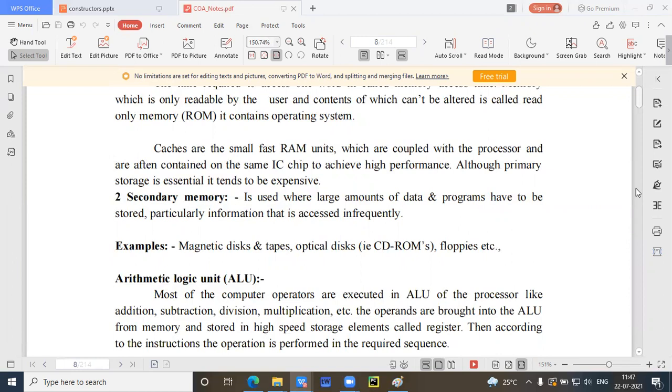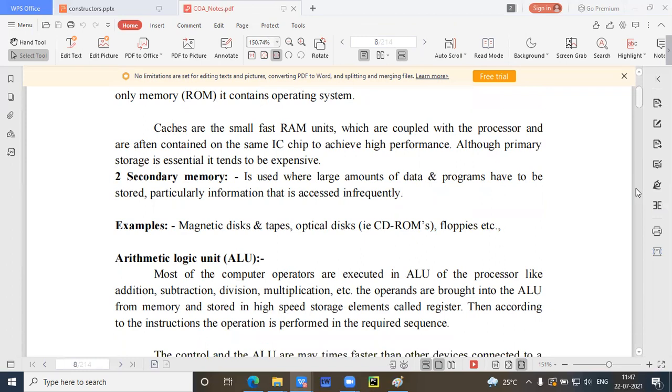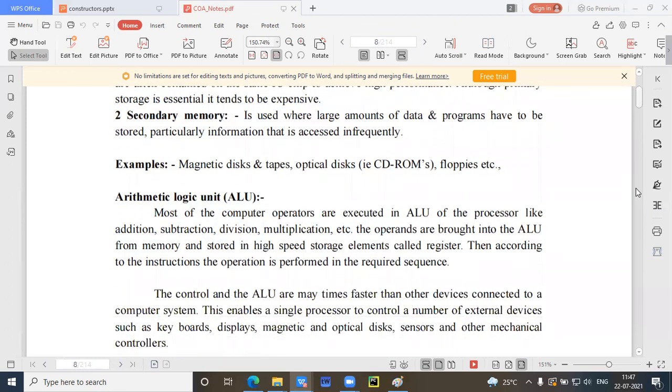Caches are faster than RAM, and are coupled with the processor and often contained on the same IC chip, that is, integrated chip, to achieve high performance. Although primary storage is essential, it tends to be expensive. Secondary memory is used where large amounts of data and programs have to be stored, particularly information that is accessed infrequently. Examples are magnetic disks, tapes, optical disks, floppies, etc.